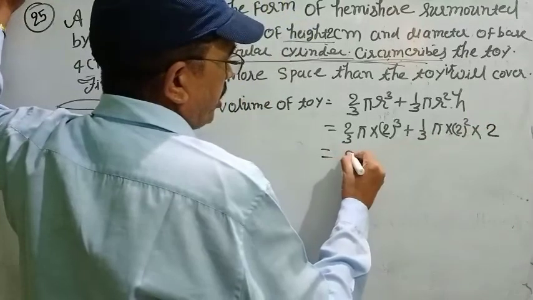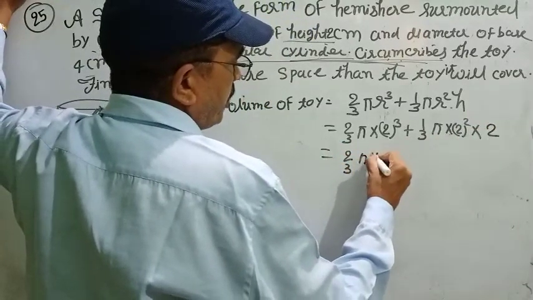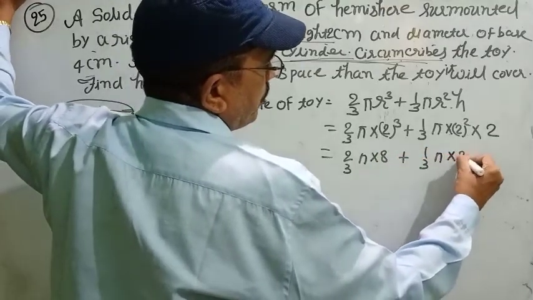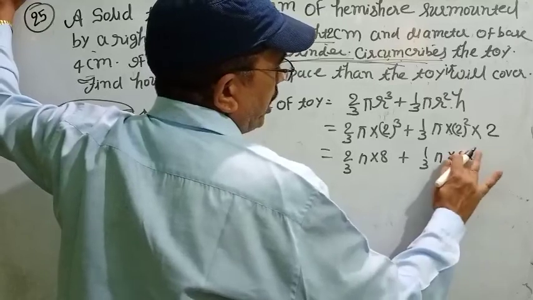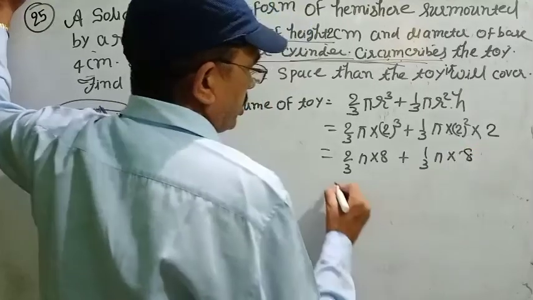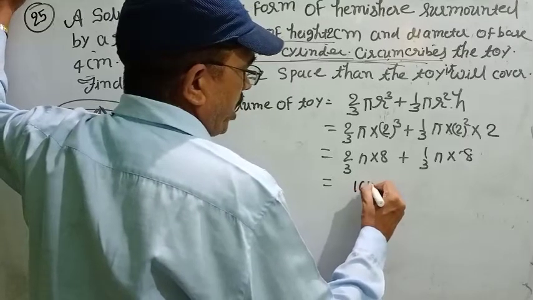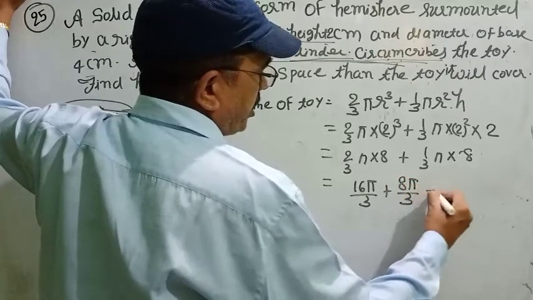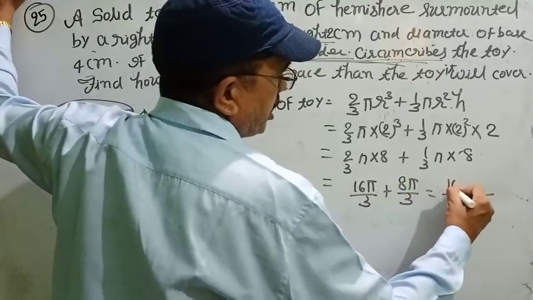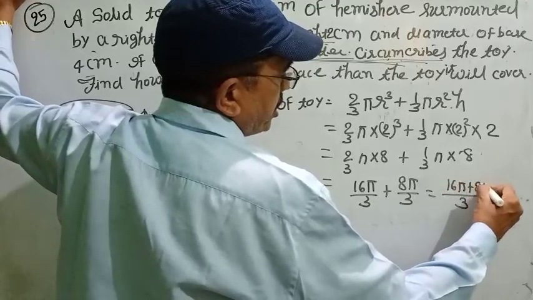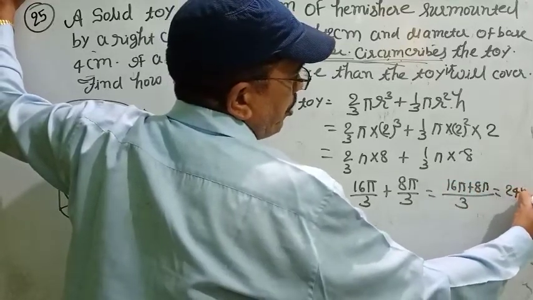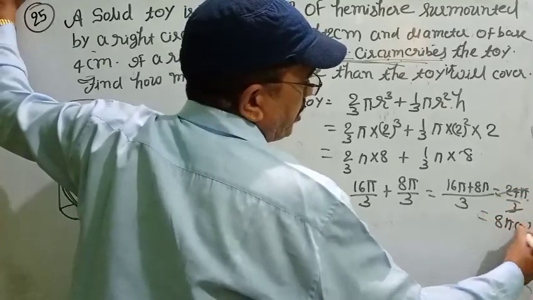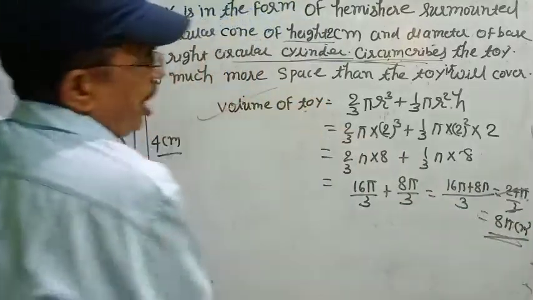So what do you get here? 2 by 3 pi into 8 plus 1 by 3 pi into 2 into 2 into 2, that is also 8. So here is 16 pi by 3 plus 8 pi by 3. Take LCM, that is 3, and it is 16 pi plus 8 pi, that is 24 pi by 3, which is equal to 8 pi centimeter cube. It is the volume of the toy.